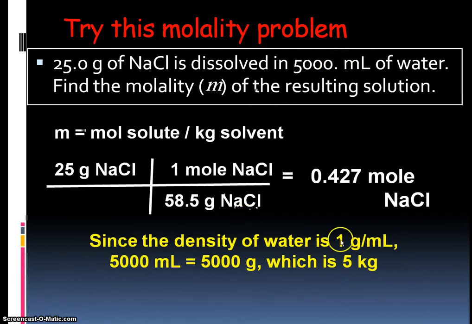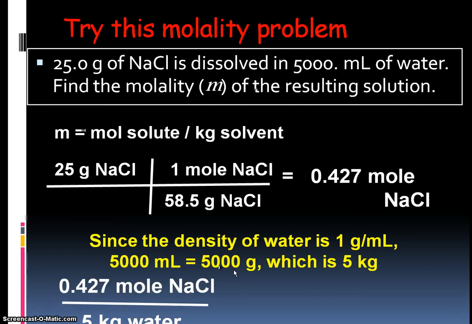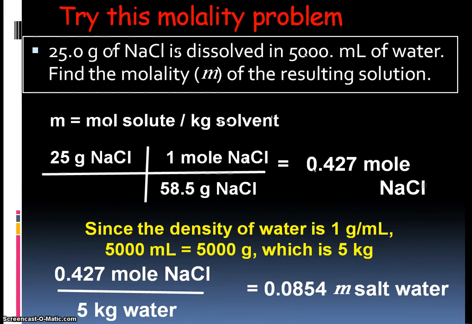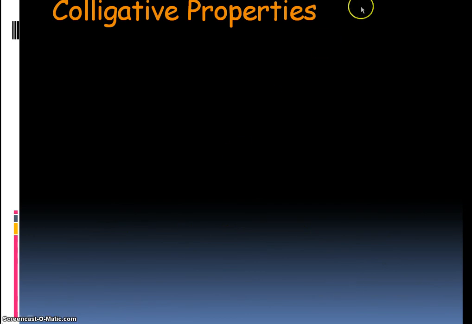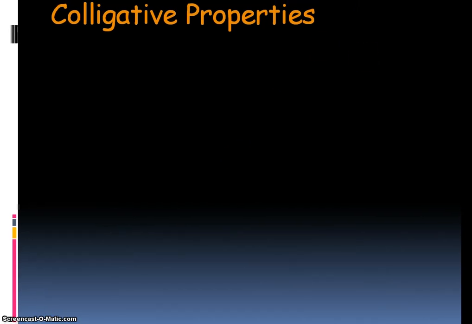Since it's water, water's density is 1 gram per milliliter at standard conditions, so we can say that 5,000 milliliters is equal to 5,000 grams, which is 5 kilograms. We then take the NaCl and divide it by the 5 kilograms of water, and we've got our molality of salt water.